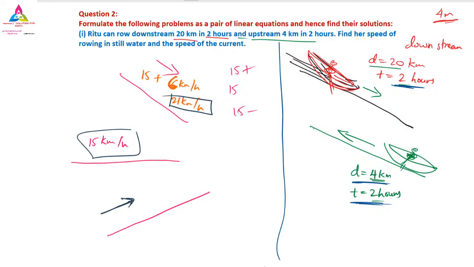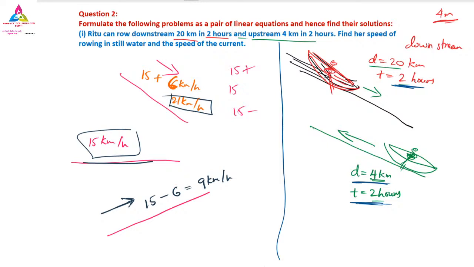Same bicycle, yes, it will be decreasing. Your speed on a straight road was 15, but the slope's speed is 6 kilometers per hour, so your total speed will be 9 kilometers per hour. Your speed will decrease because you have to put in maximum force to climb.